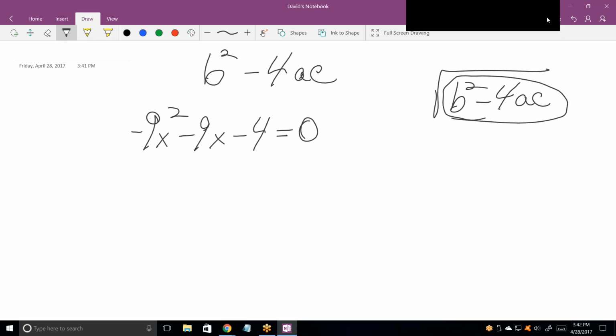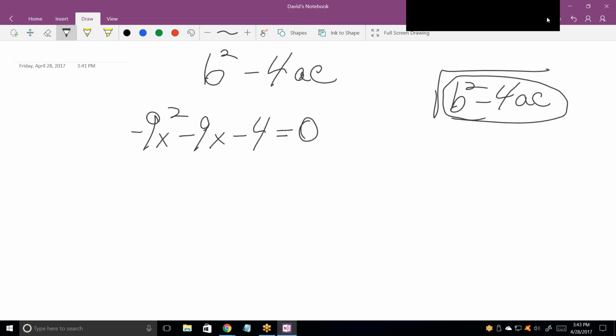Before I plow into trying to solve this thing, it might be kind of nice to know what b squared minus 4ac was, because that's going to tell us whether there are two real solutions, whether there are two imaginary solutions, or whether there is exactly one real solution. That's the only three possibilities you got.